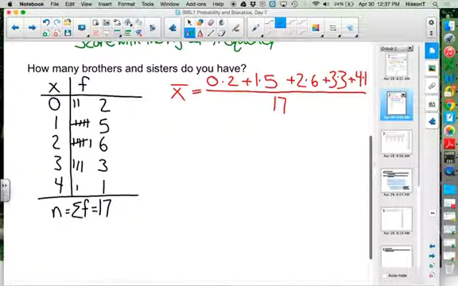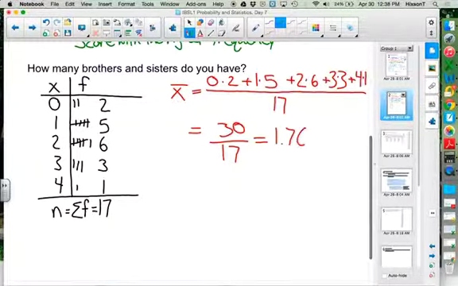Okay? So, do a little bit of arithmetic. 5 plus 12 is 17, plus 9 is 26, plus 4 is 30. So 30 out of 17 comes out to what? 1.76. Okay, good.